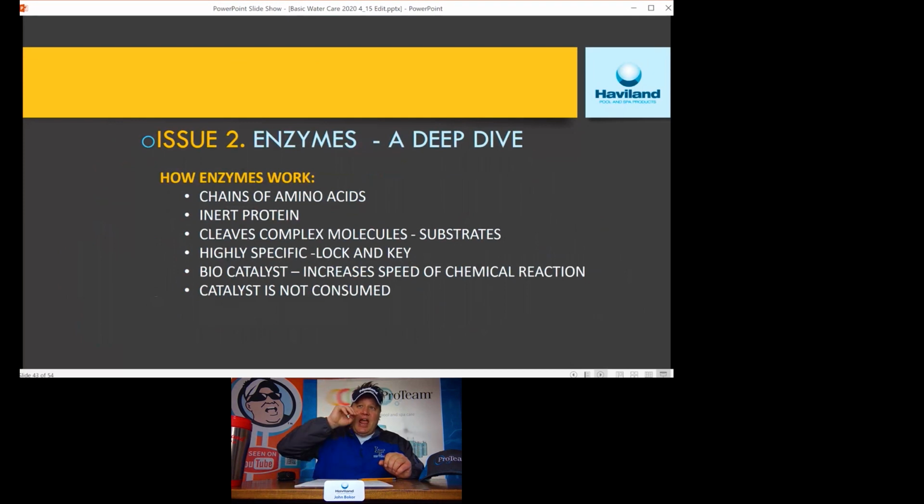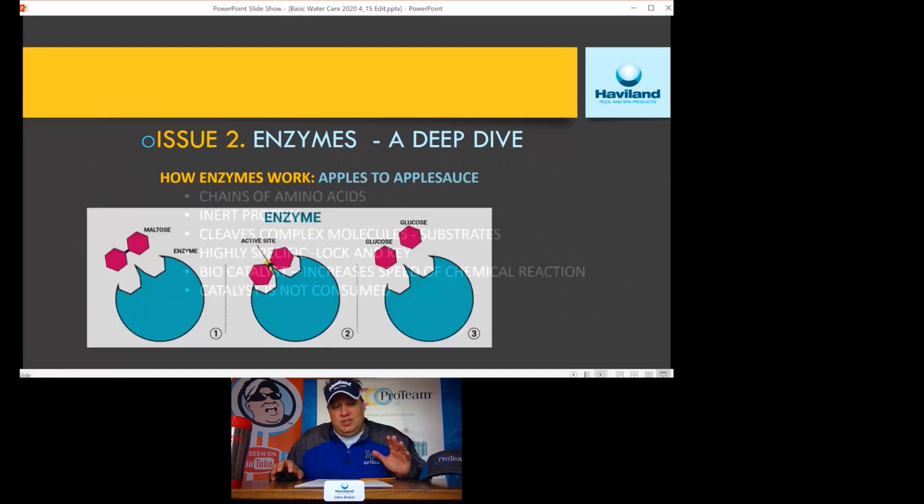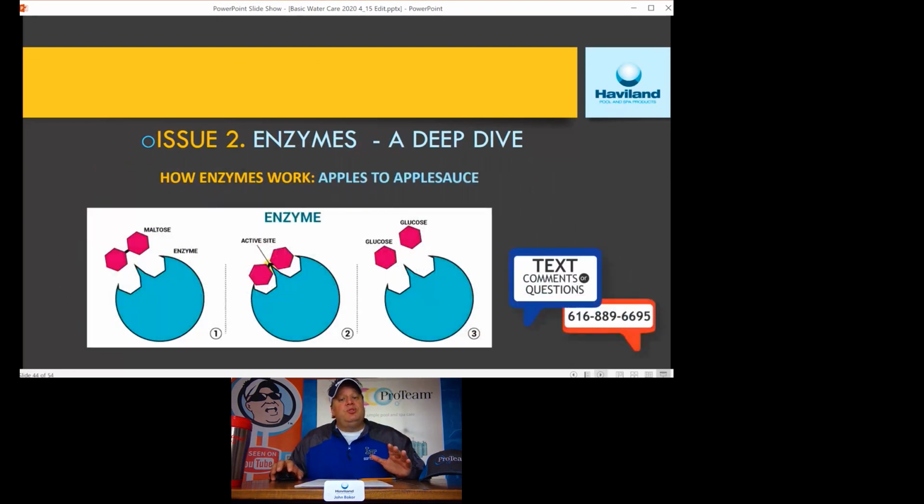It's important to understand that they don't consume it and then just float around as a big blob of something in the water, right? They break it down, spit it out so that our oxidizer can be used more efficiently. This gives you a little idea of how an enzyme works.